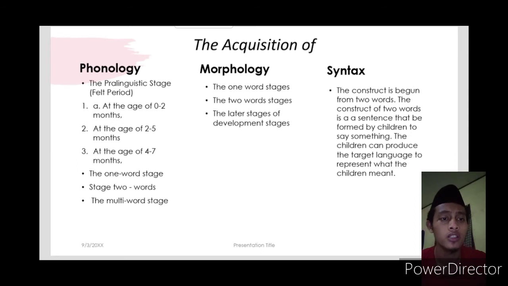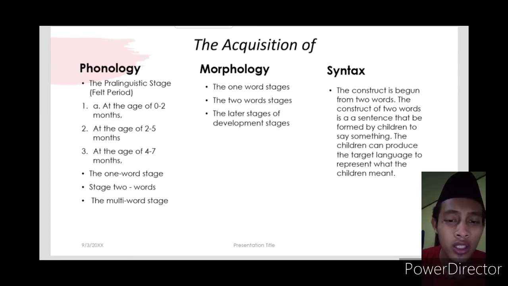After the acquisition of phonology, that is acquisition of morphology. Morphology is the study of the form of the word or the study of word formation. Morpheme is the smallest structural unit of language which carries a meaning.